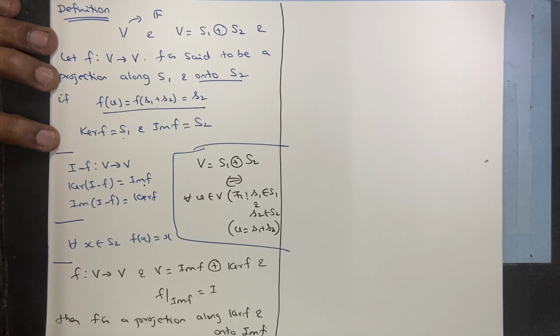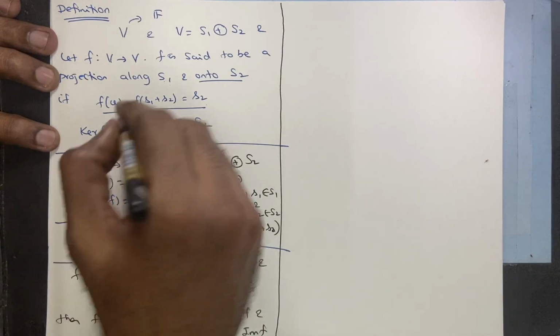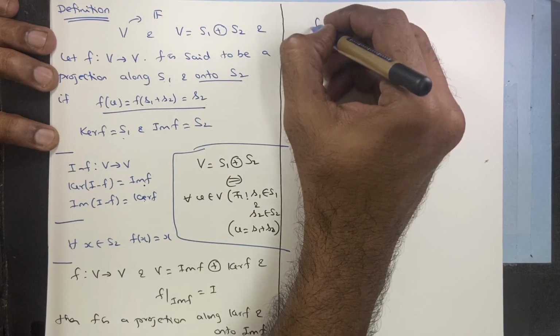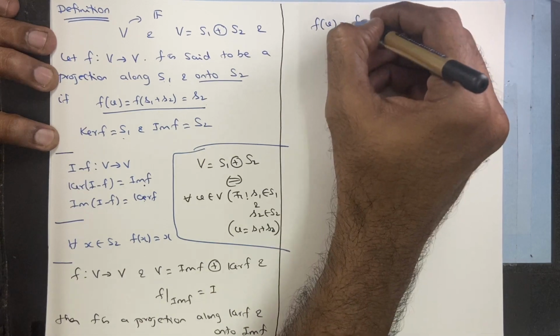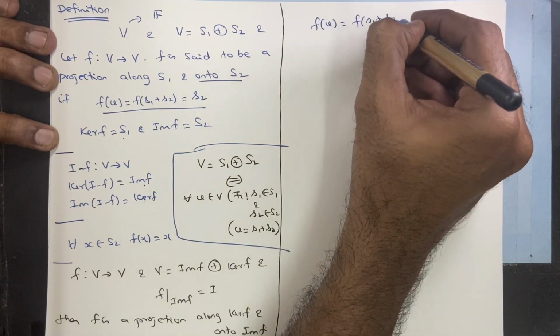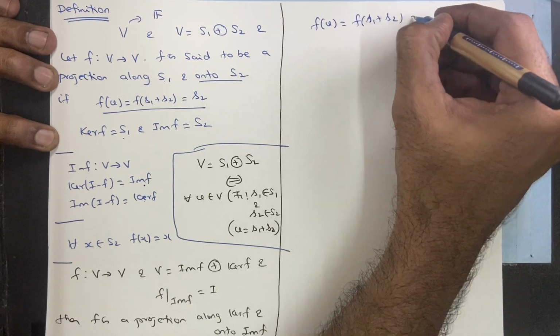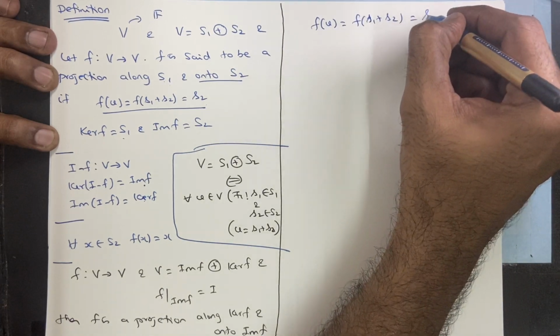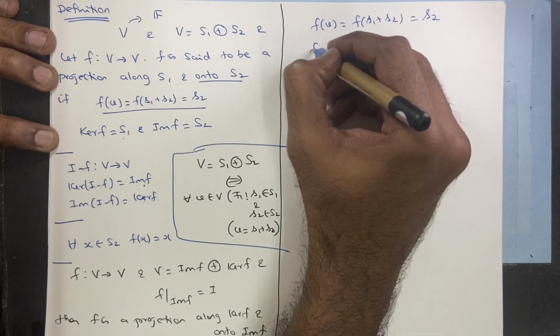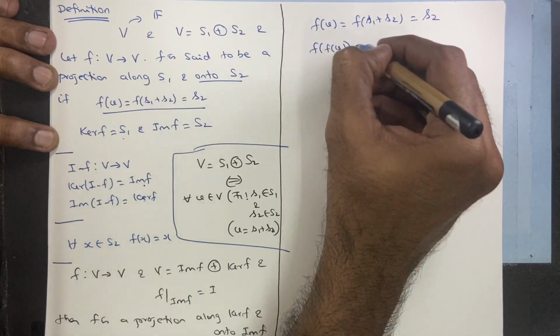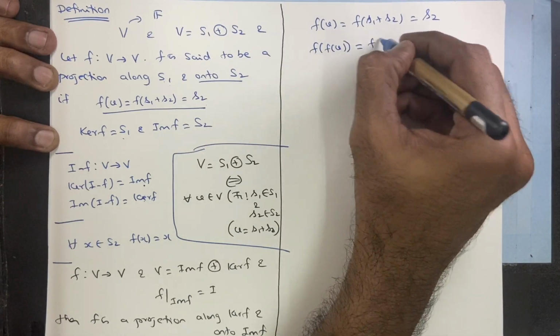If you observe this definition, it says f of v is nothing but f of s1 plus s2, because v is the direct sum of s1 and s2, which is equal to f of s2.